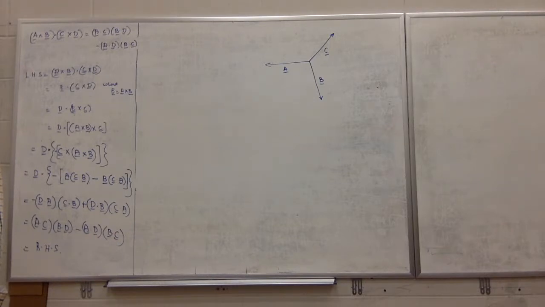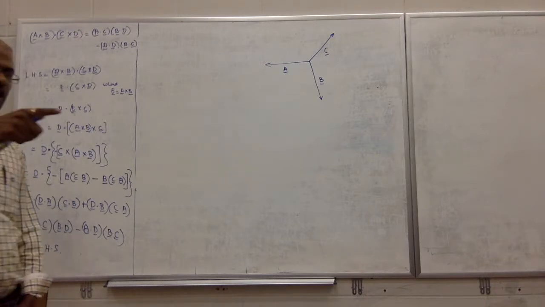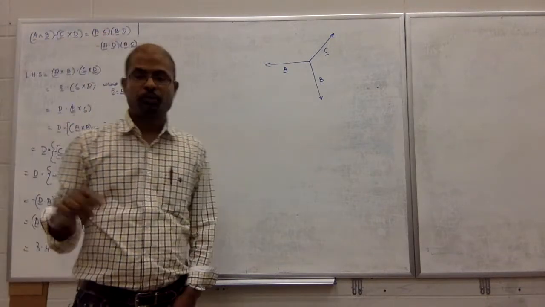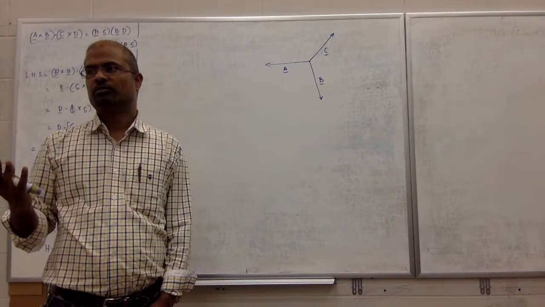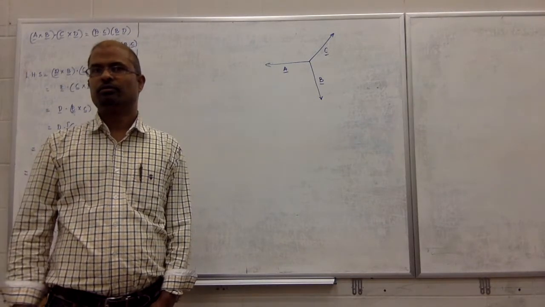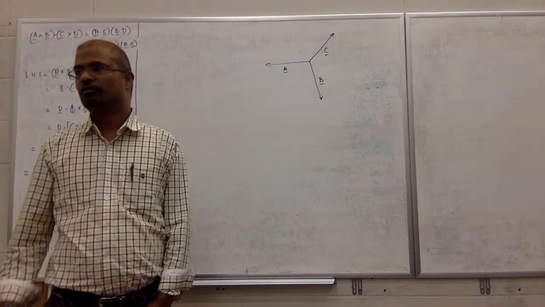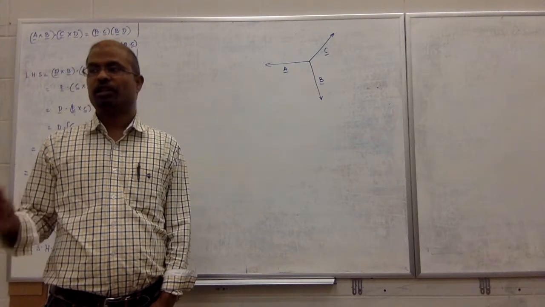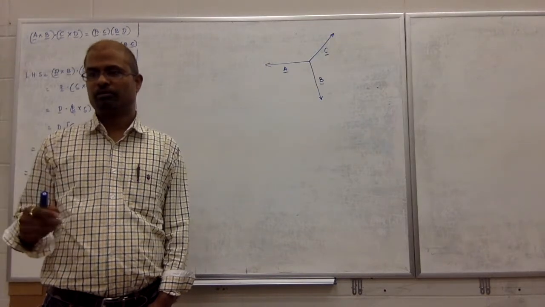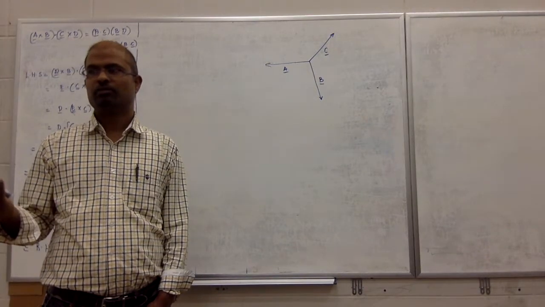The plane formed by those 2 vectors is their plane. Now let's look at the perpendicular to those vectors. It's perpendicular to that plane. The cross product is perpendicular to that plane. Got it?